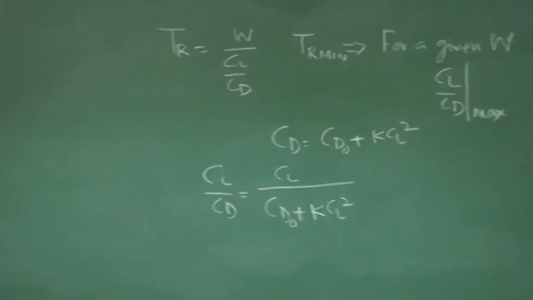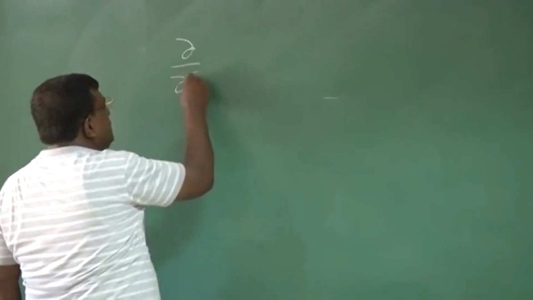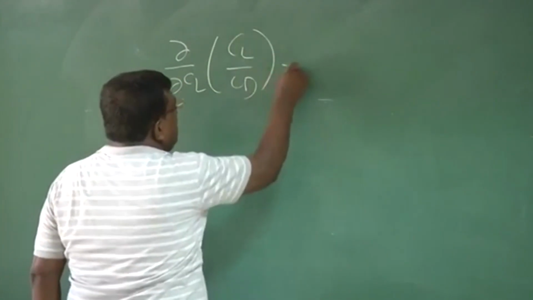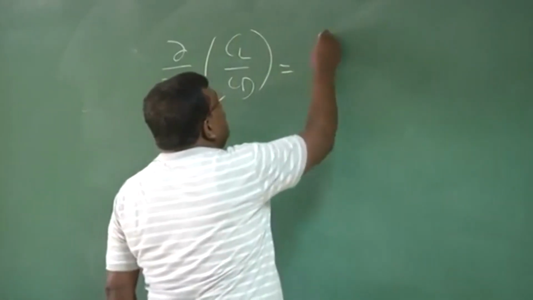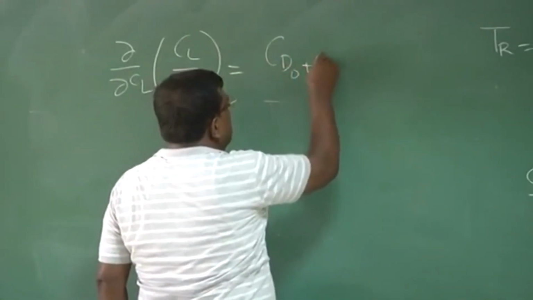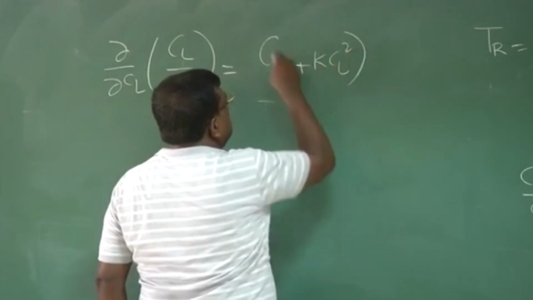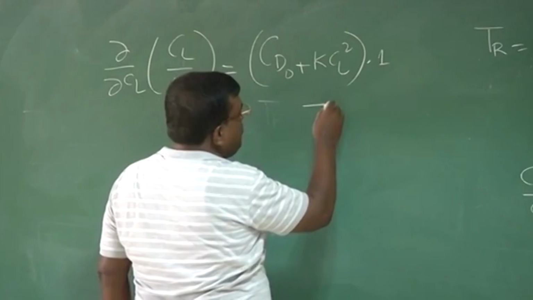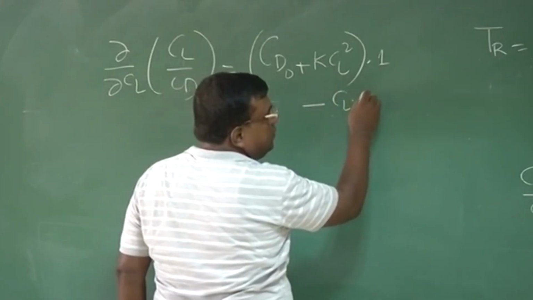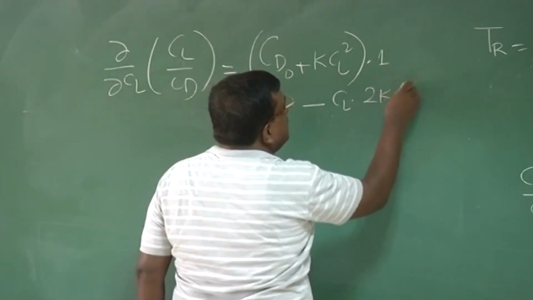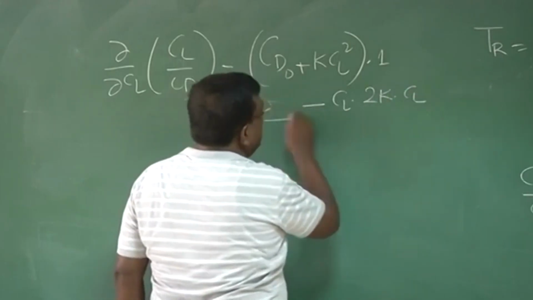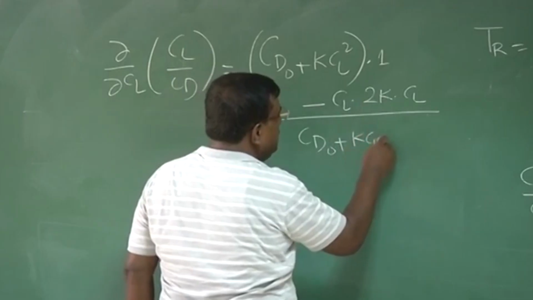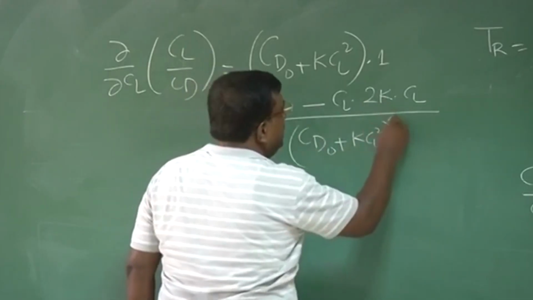The rule is very simple. You differentiate. Then what do you get? You get CD naught plus K CL square into 1 minus CL into 2K CL, divided by CD naught plus K CL square whole square.